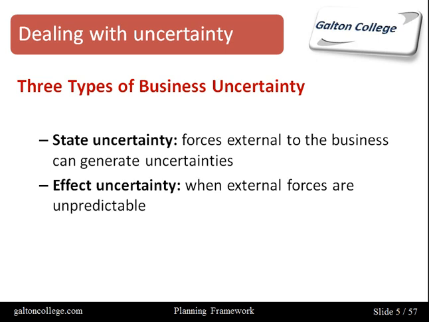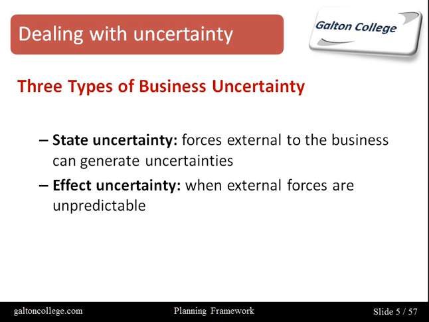Effect uncertainty. This is when the external forces are unpredictable. You see, state uncertainty, we may have an indication of what's going to happen. If 2 countries are not getting along and there's a likelihood of war, generally speaking we have some knowledge of that in advance and how it will affect us, the community, the business, our own personal lives.